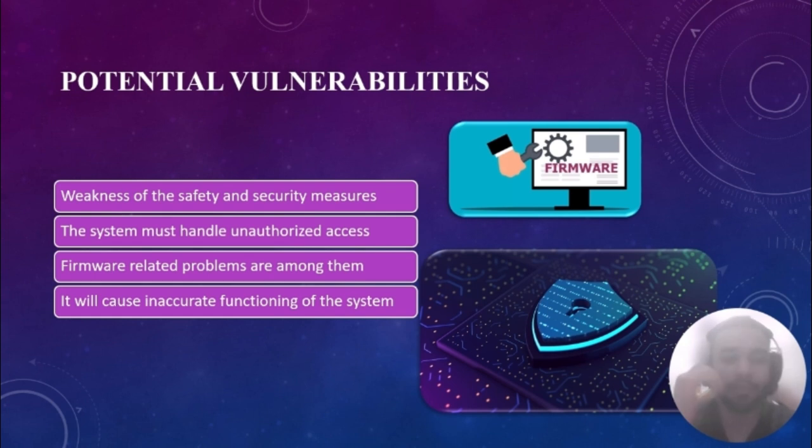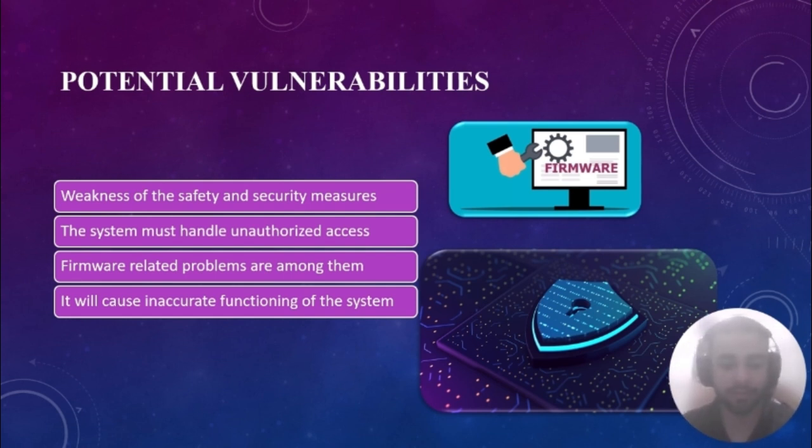These systems must be designed to prevent unauthorized access, and software issues also cause significant risk for the car systems. Problems at this level can disrupt communication between components of the car.